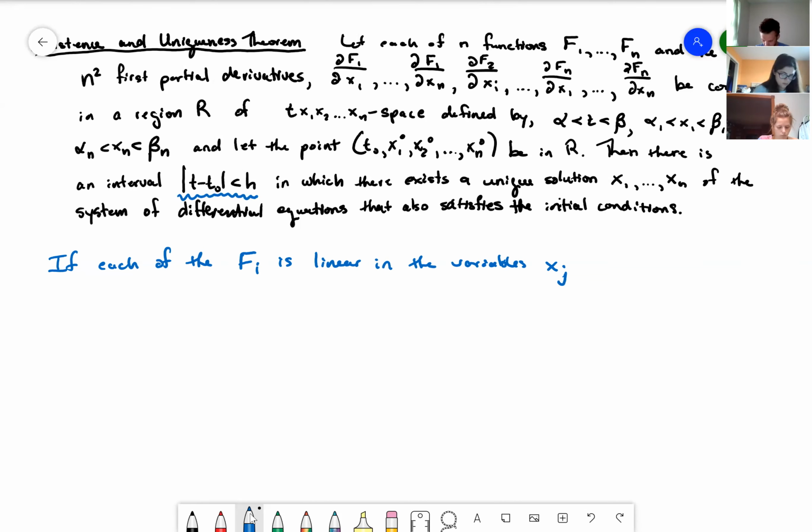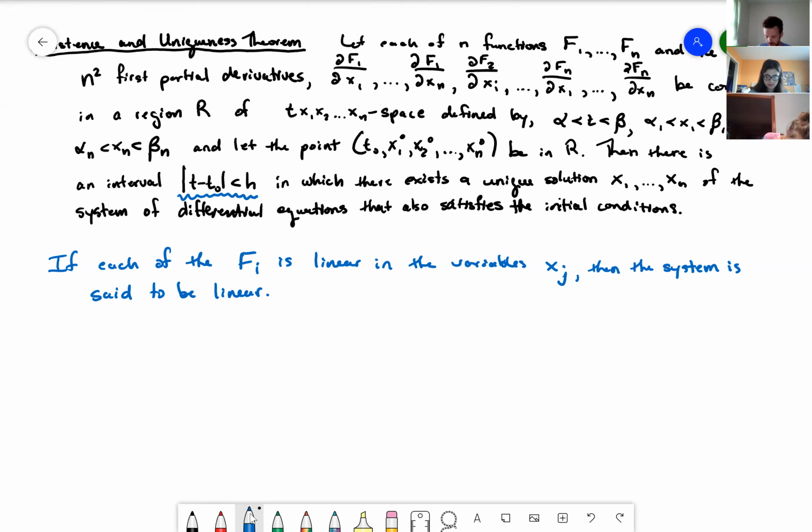The stuff that's multiplied by the xj's is just something in terms of t, just what we meant by linear before. Then that fi is said to be linear. Each of these fi's is said to be linear, and the system is said to be linear.